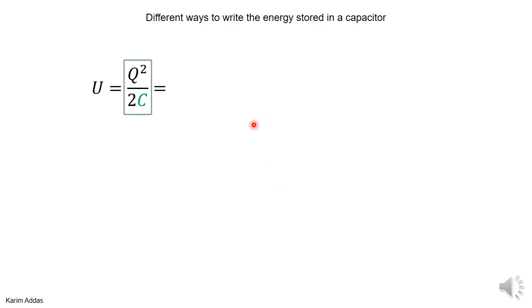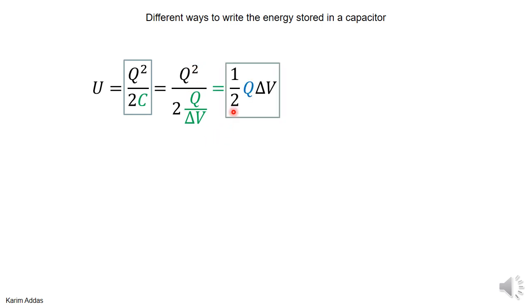There are different ways to write down this total energy of the capacitor. One way is by replacing C by Q over delta V. Then one of the Q's cancels, and delta V goes in the numerator, so you get 1/2 Q delta V. You can also get another form by replacing Q by C delta V. Then you have C delta V times another delta V, so delta V squared.